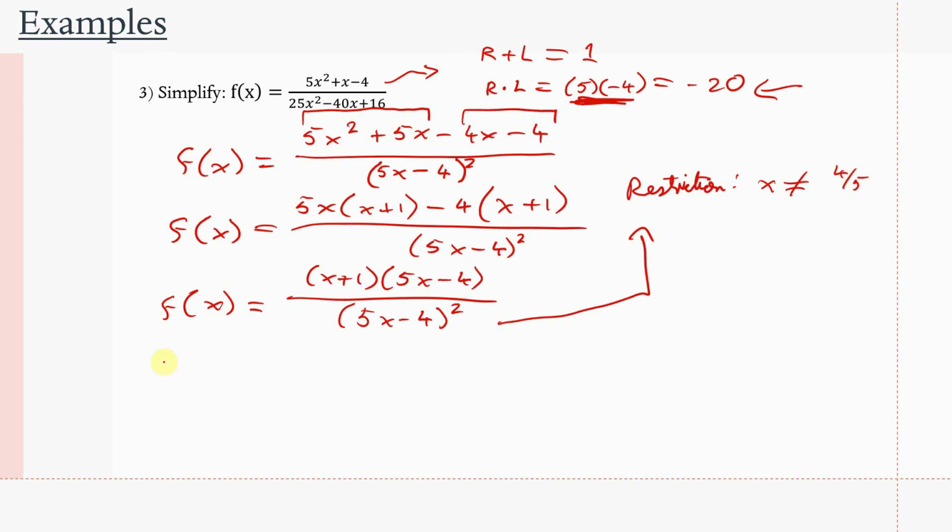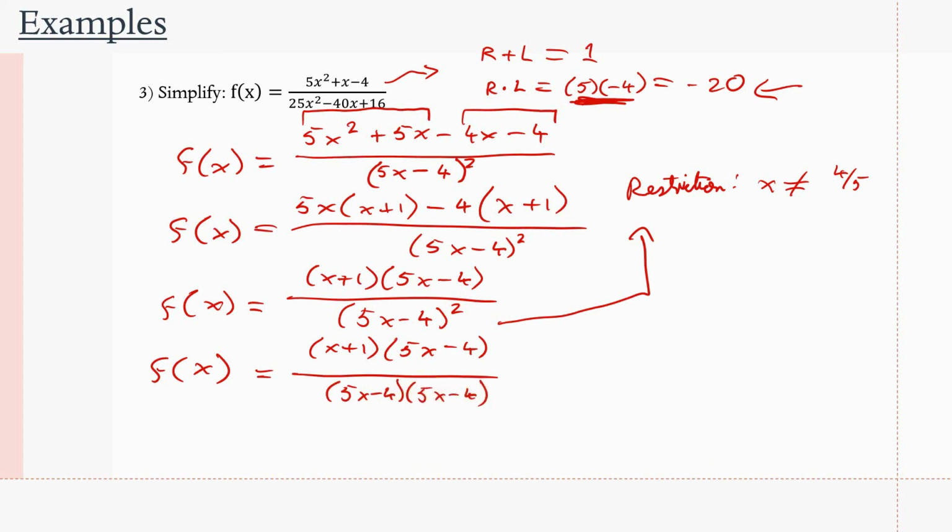Now we can go ahead and divide out from the bottom and the top. And let me rewrite this in a better way. So we can divide out common factors. 5x minus 4 squared is the same thing as saying 5x minus 4 and 5x minus 4. So we have 2 of them on the bottom. This exponent just tells us how many of these factors we have.